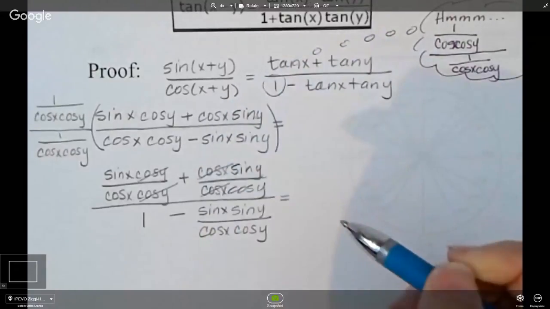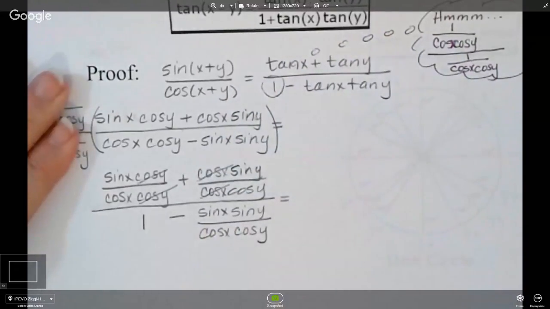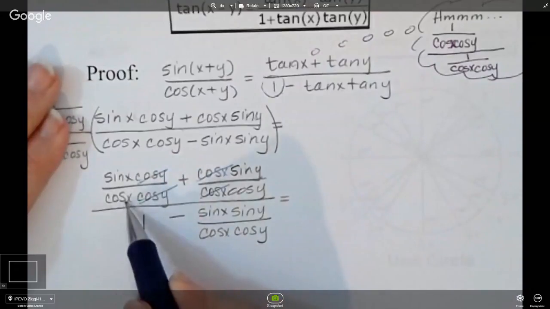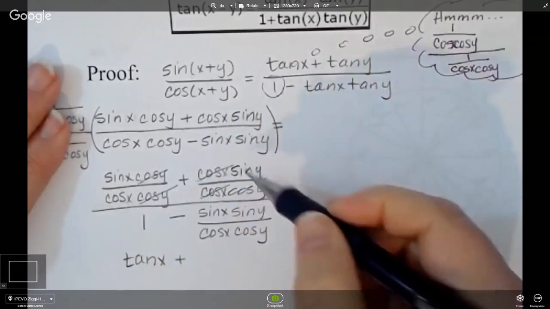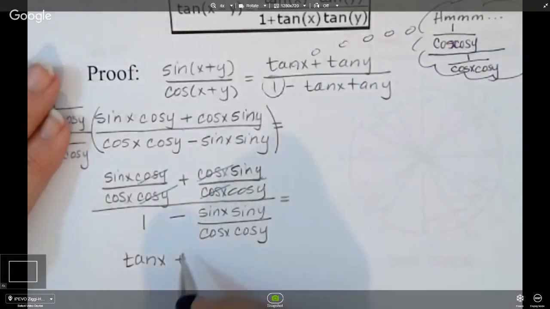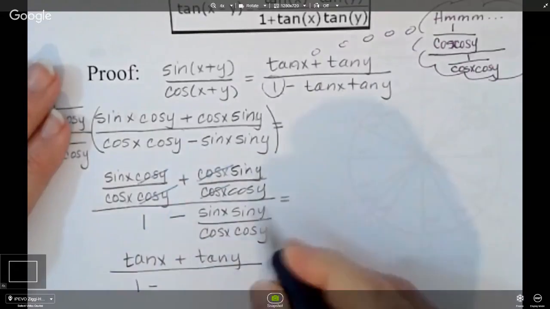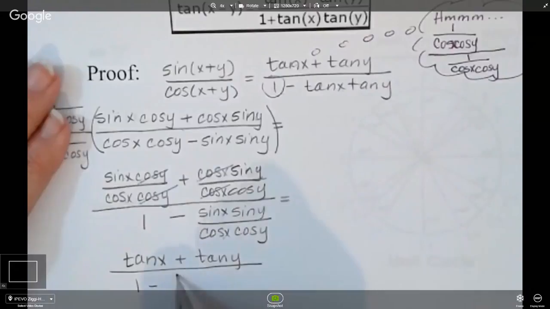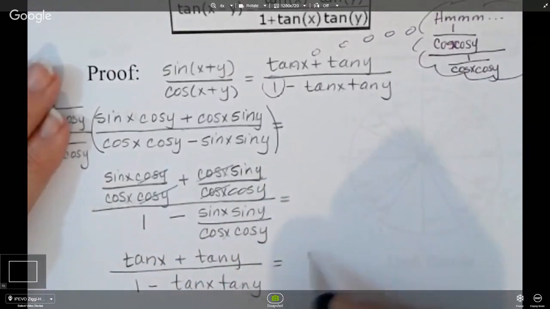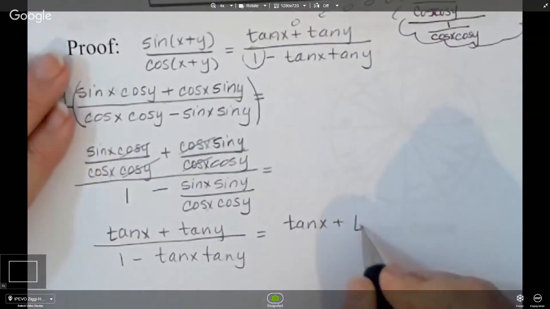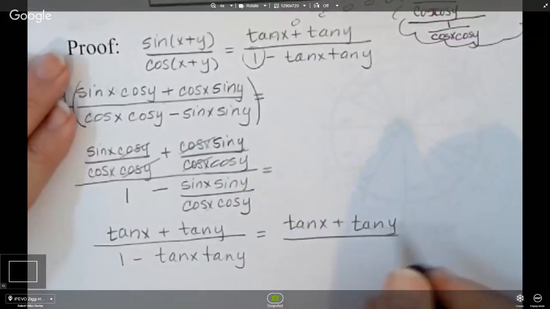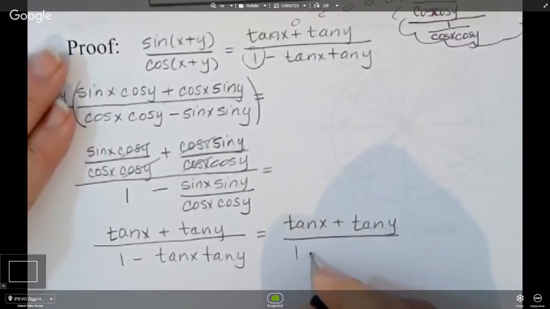I can cancel that out. And looking at it, sine x over cosine x is nothing but tangent of x. Plus, this is sine y over cosine y, which is tangent of y, all over 1 minus tangent of x, tangent of y. And there we go. We have a verified, scary looking identity for the tangent of a sum.